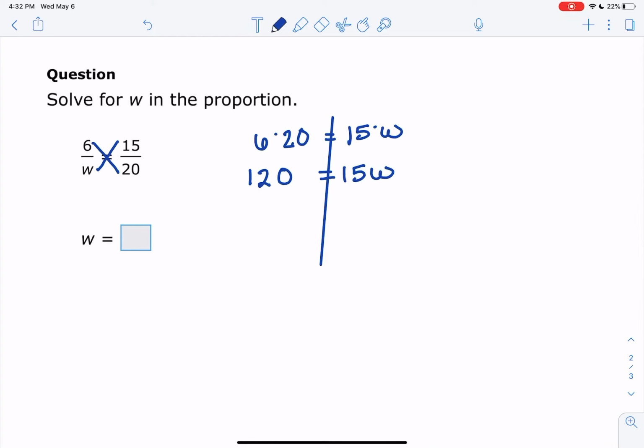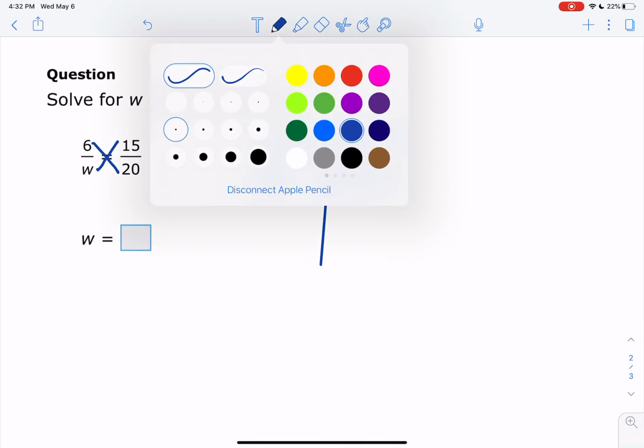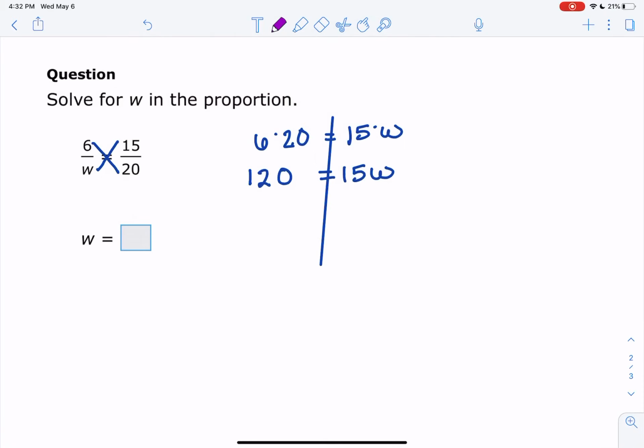Okay, so now how do I get my W by itself? What do you guys think? Hopefully you said that we need to divide both sides by 15, because what we do to one side, we have to do to the other. Okay, so now let me use my calculator and divide 120 by 15.